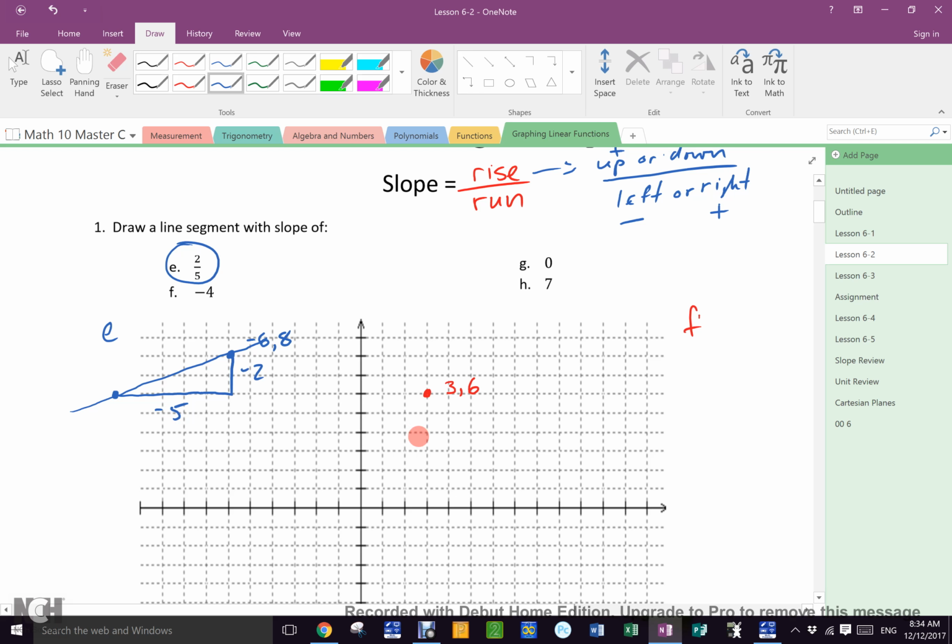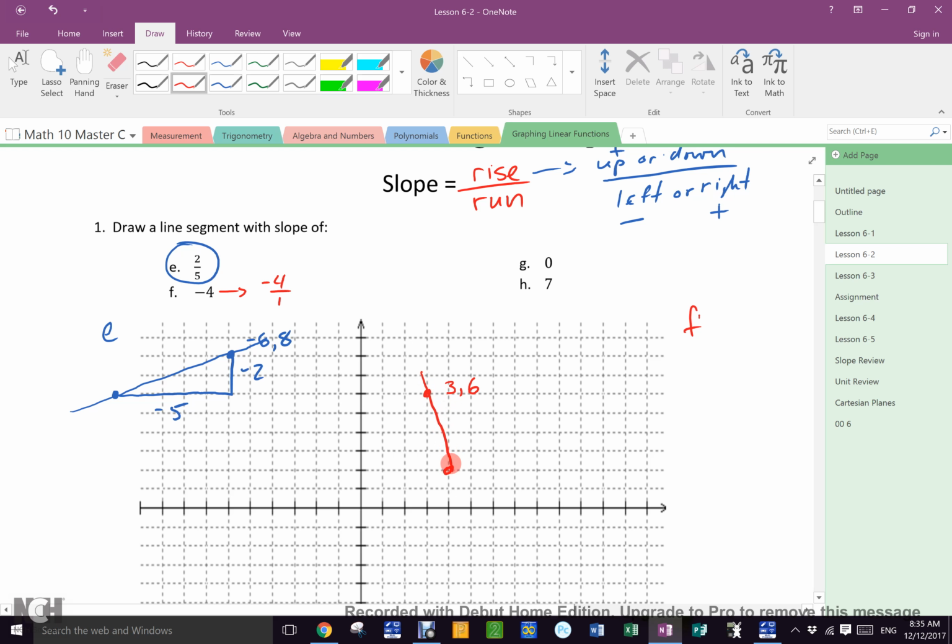Now let's do F, -4. What is -4 really? -4 over 1. So what is my rise? I can go 4 down. If I go 4 down, 1, 2, 3, 4, where must I go to make a negative slope? 1 to the right.